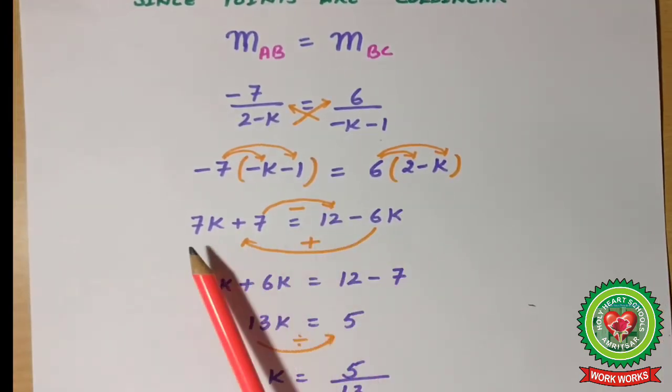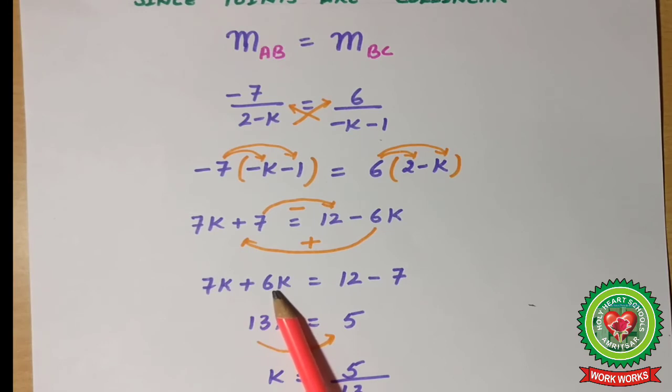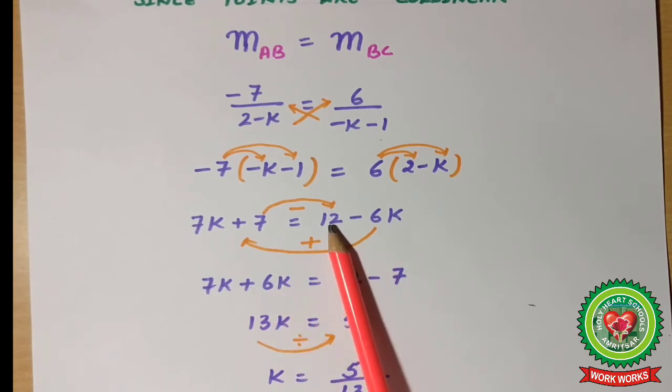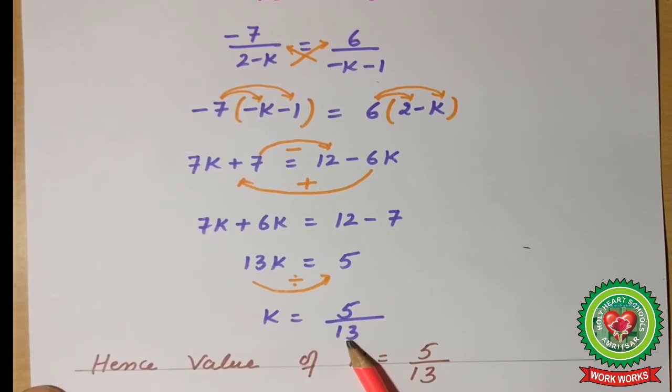Now collect like terms: 7k plus 6k on one side, and 12 minus 7 on the other. So 13k is equal to 5. Since 13 is in multiplication, it goes to the denominator, so the value of k is 5 upon 13.